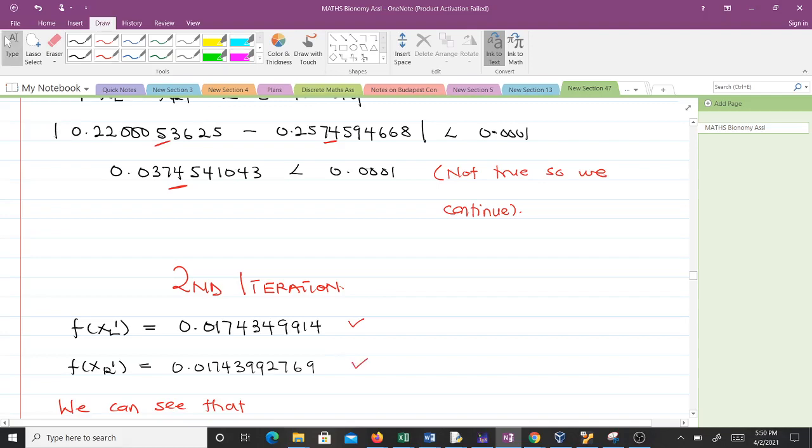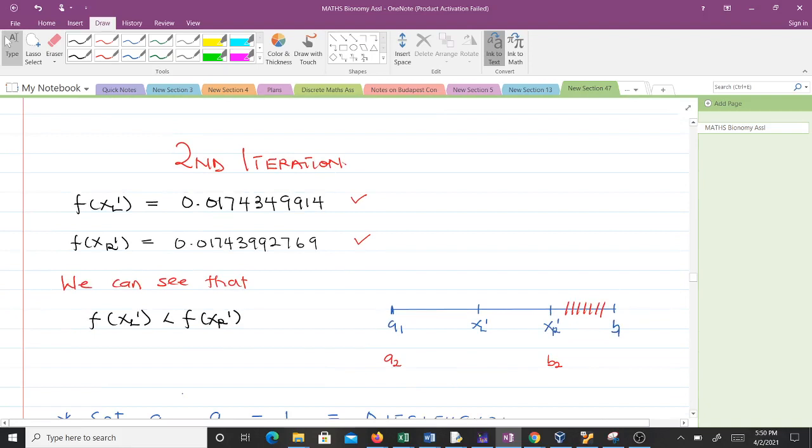We can see that with these numbers, f of xl at the first iteration was less than f of xr at the first iteration. I hope you can see that.